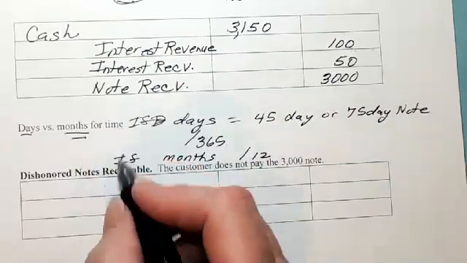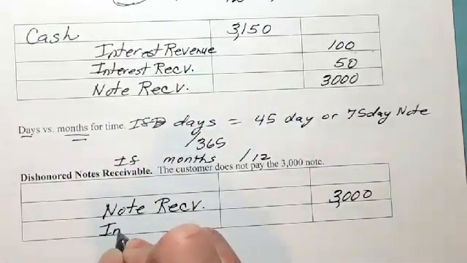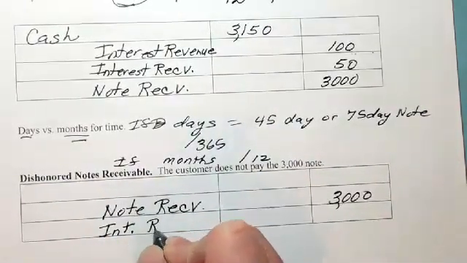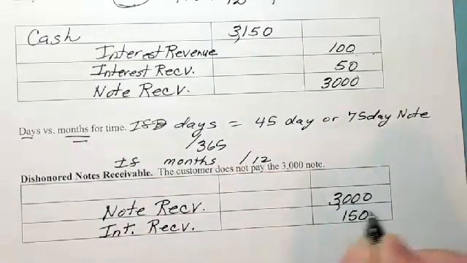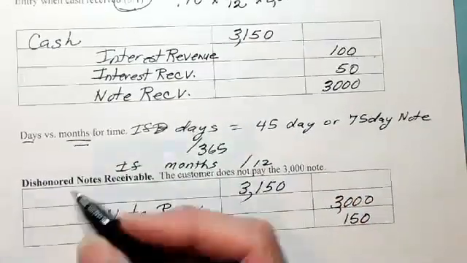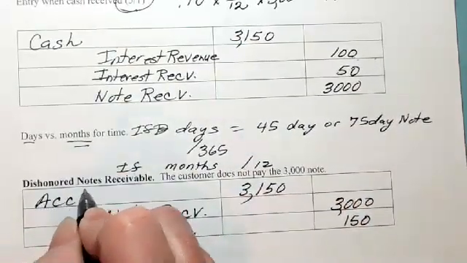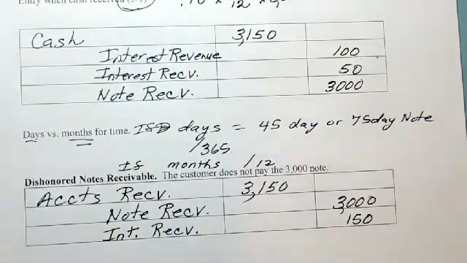Again, we have to get rid of that, so that has to go away. And then you have to get rid of all the interest receivable. This has been past May, so I've already booked that whole 150. And then I'm still going to hold out hope that person's going to pay me. So that's what now goes to the new accounts receivable. They owe me now $31.50.